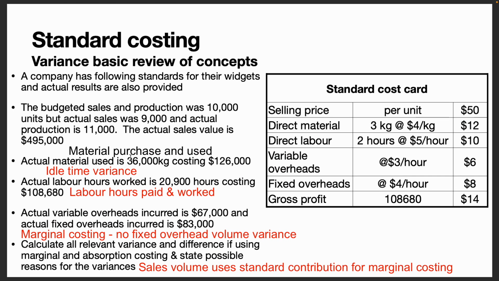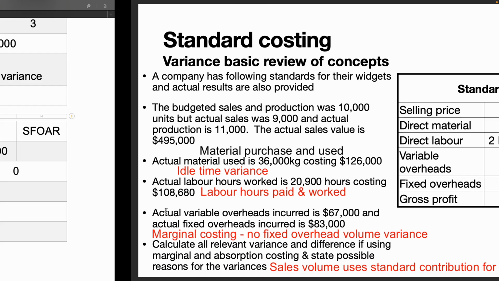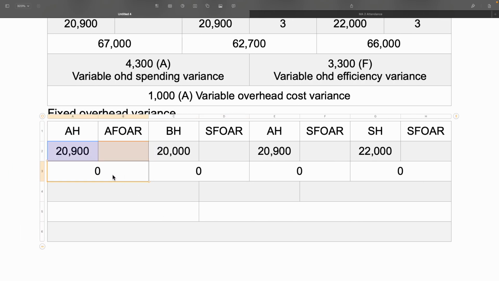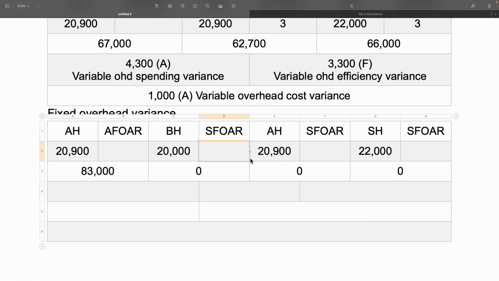So the actual cost incurred is 83,000. Standard rate is $4. Actually spent, should have spent.